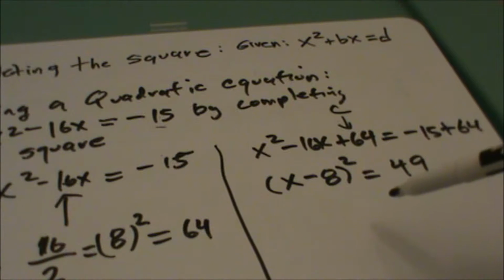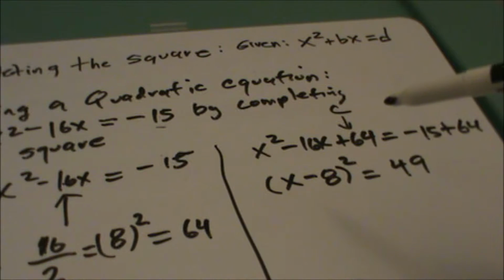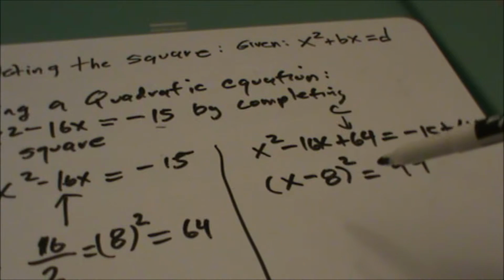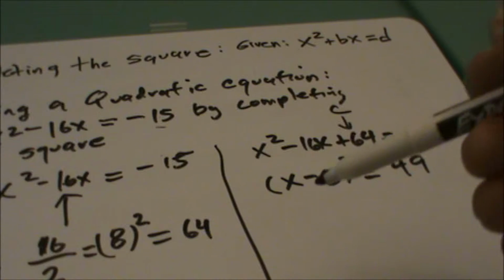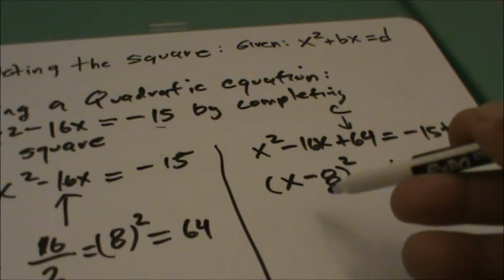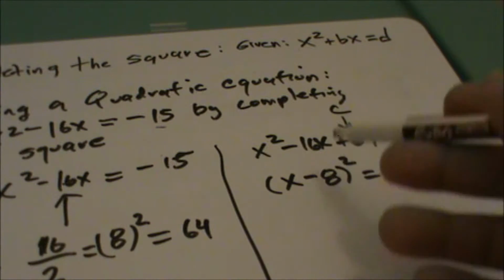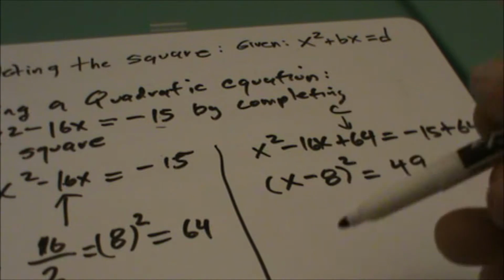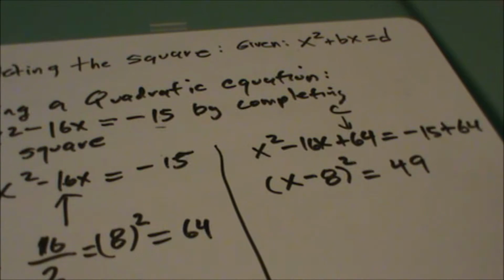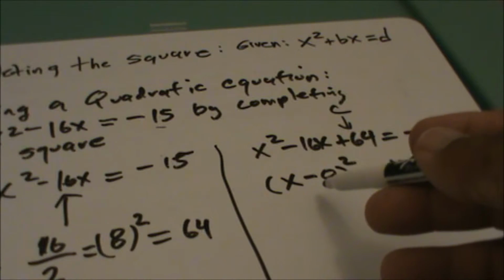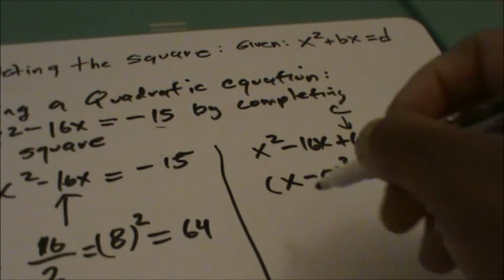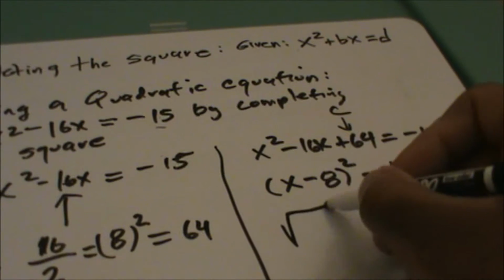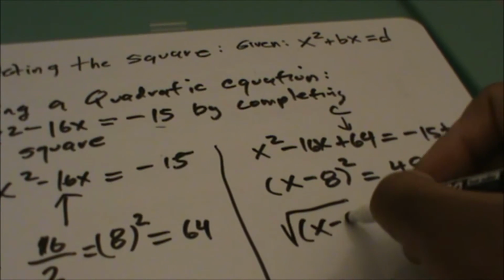If you remember our previous videos on solving quadratic equations, you know that we can't leave this square as it is. So we have to take the square root on both sides to cancel out the square. So we do it like this: square root both sides.